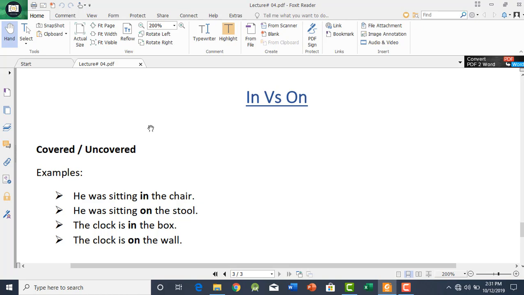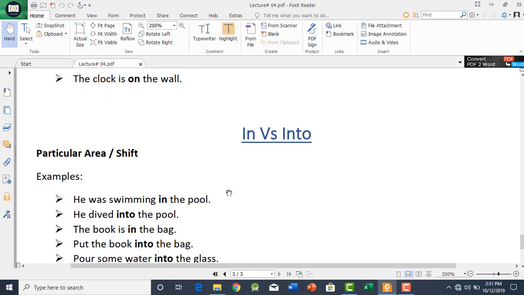And on is directly connected with uncovered things. The examples are given below. You can easily identify which one is the covered area, and in that situation in is used, and which one is an uncovered area, and in that situation on is used. So covered and uncovered is basically the difference between in and on.